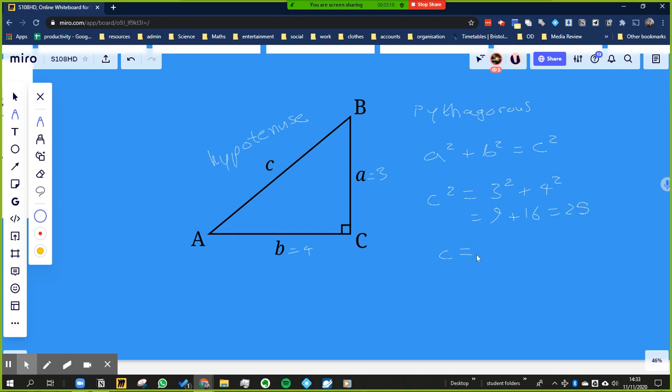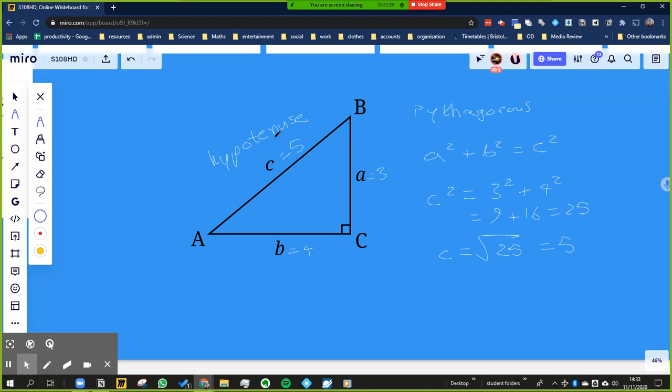So c is the square root of 25, which is 5. This is a standard 3, 4, 5 triangle, the simplest Pythagoras triangle that has whole number sides and so on.